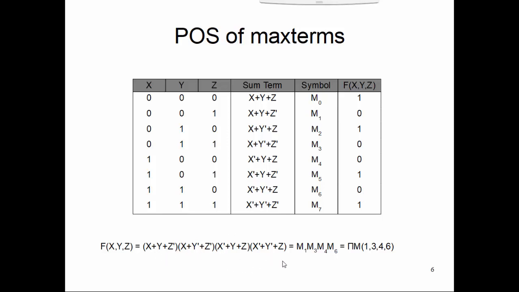It becomes M1 and M3 and M4 and M6, and then we make a symbol pi, which is a product in normal algebra. So we borrow that symbol pi with a capital M, 1, 3, 4, 6. So f(x,y,z) is practically your product of maxterms 1, 3, 4, 6.